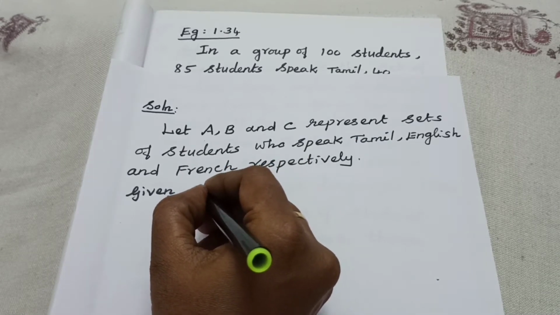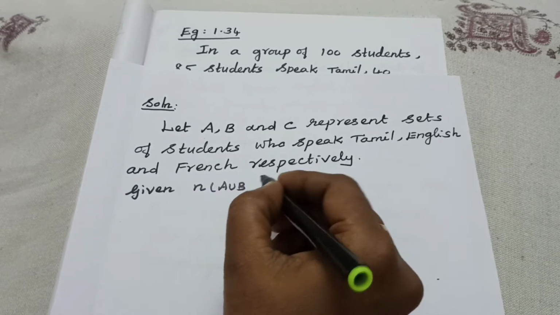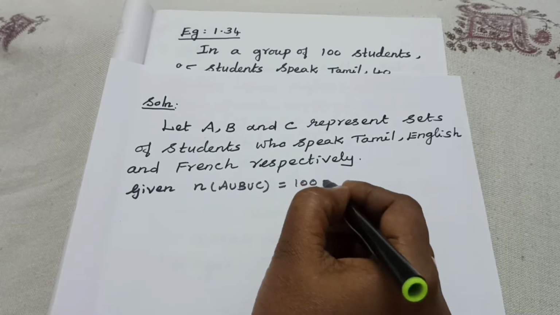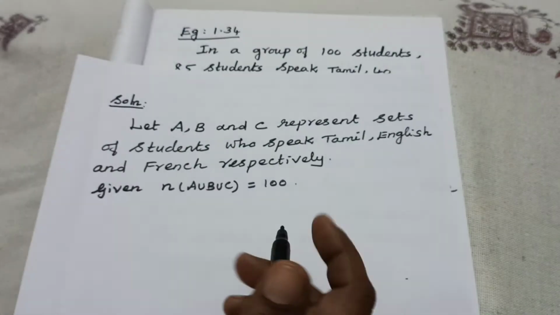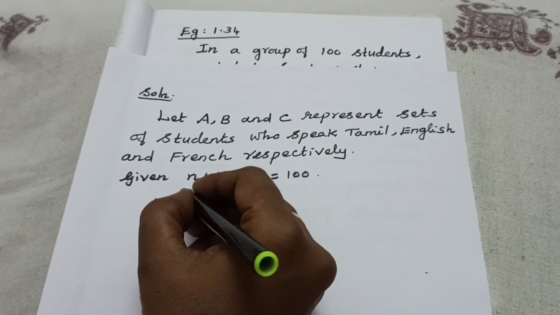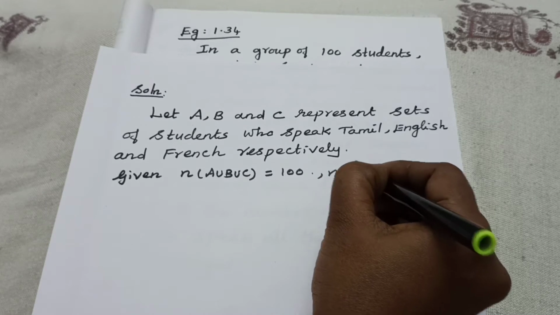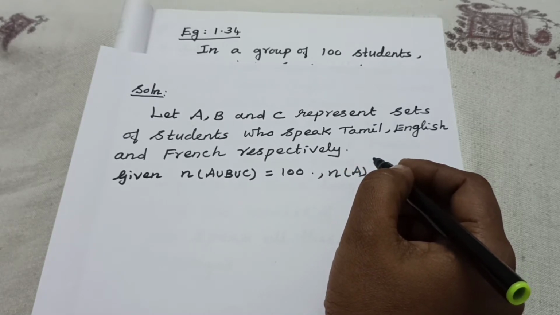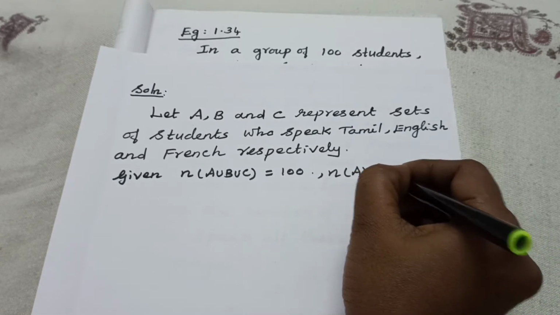So here n of A union B union C is equal to 100, given. Then 85 students speak Tamil, isn't it? Here n of A is also given. Tamil means A, how many of them speak Tamil? 85.